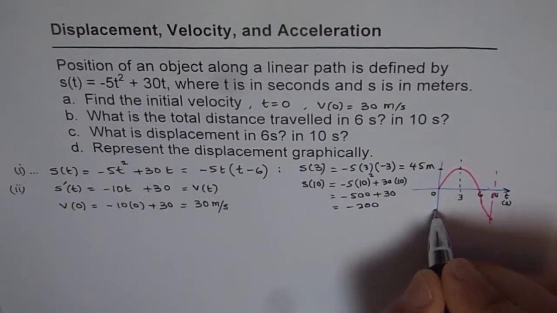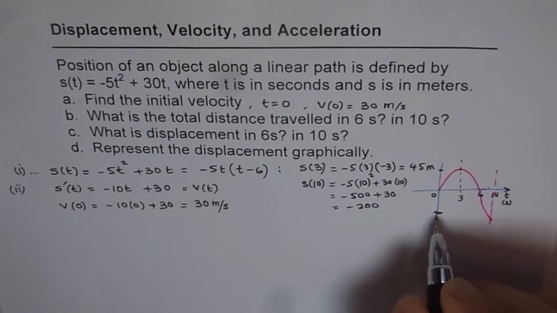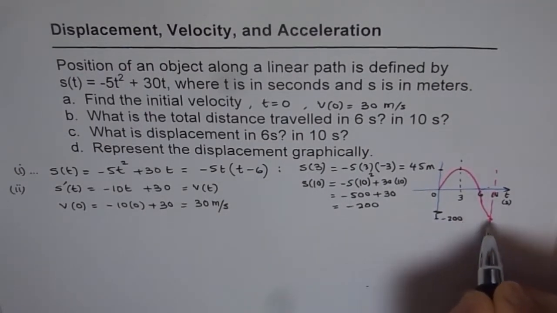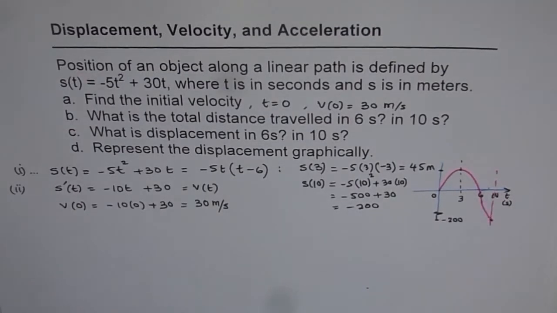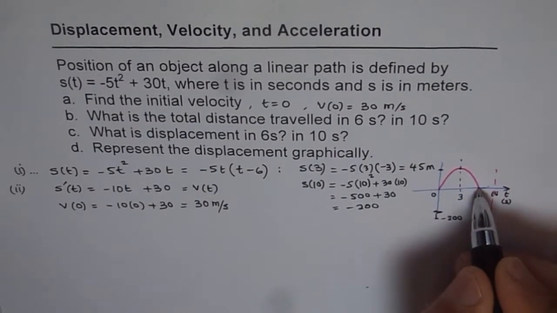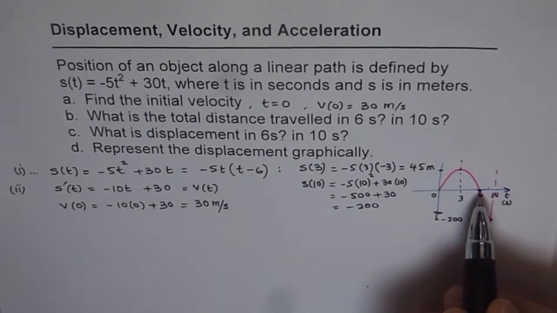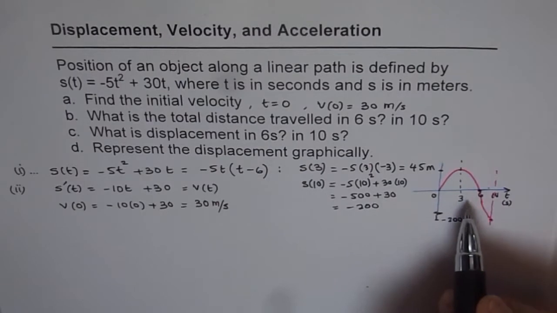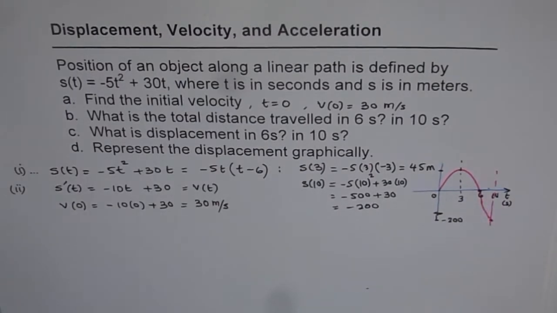So we'll write this point as minus 200, okay? So this is at t equals 10 for us. Now you have some idea about this, and from the graph we can see that the displacement is indeed 0 for t equals 6, correct? So the displacement curve gives you some displacement ideas, right?